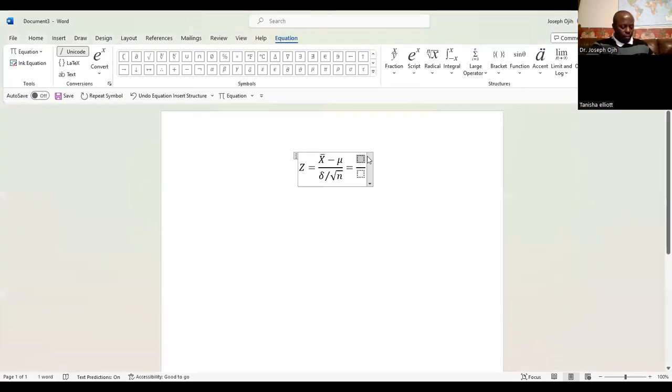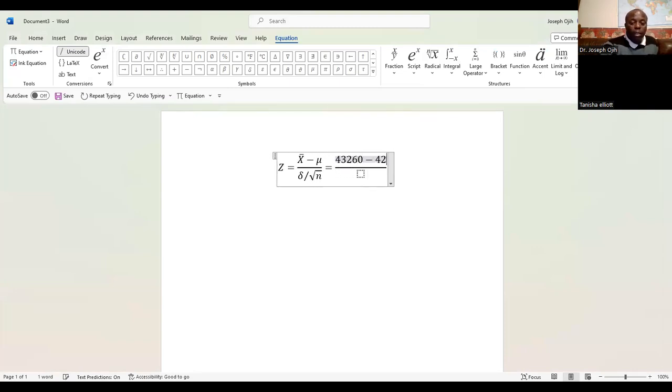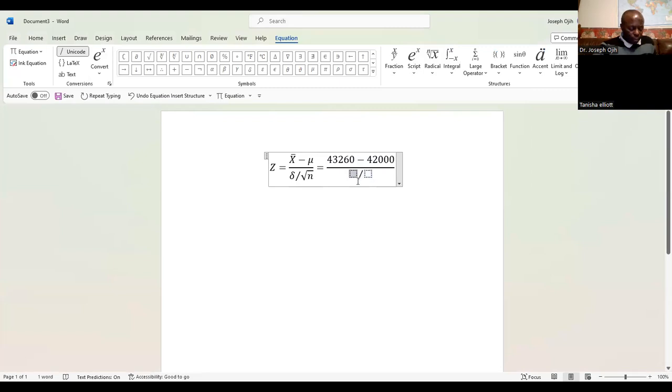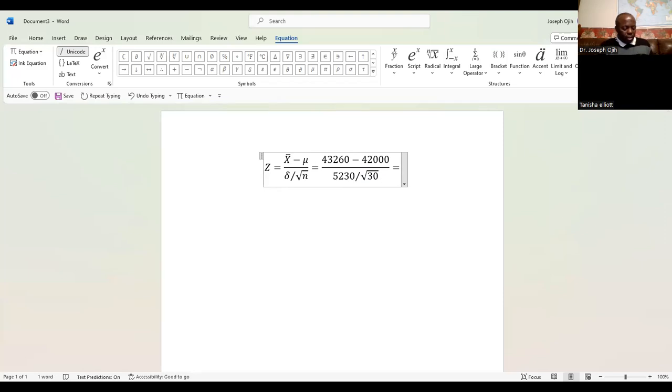So you have 43,260 minus 42,000, divided by the standard deviation, 5230, over the square root of n. n is 30. So you can put this in a calculator to run the test.